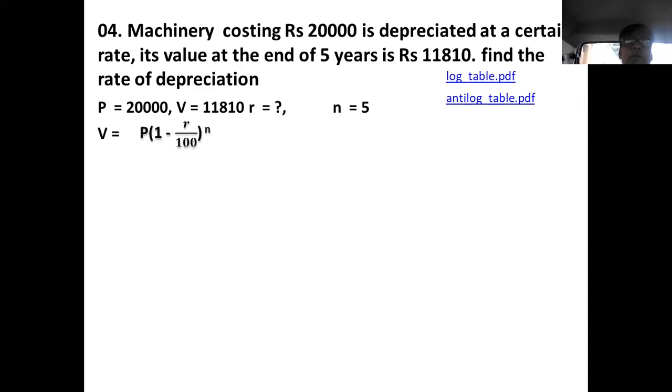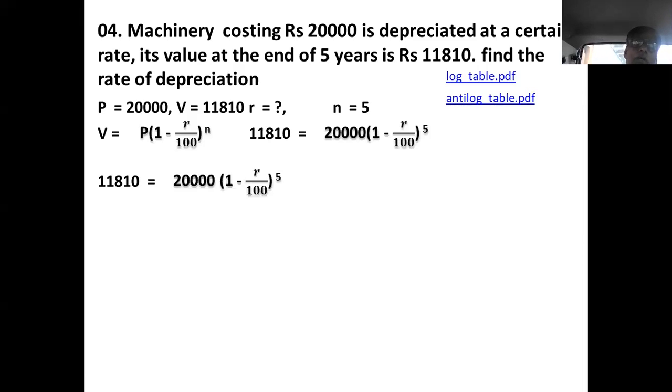So you fill the value. Value at the end of 5 years is 11,810. P value is 20,000. 1 minus R divided by 100 raised to 5. So 11,810 is equal to 20,000 in the bracket 1 minus R by 100 raised to 5.